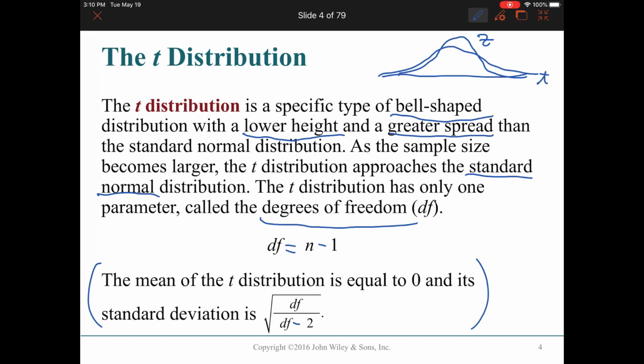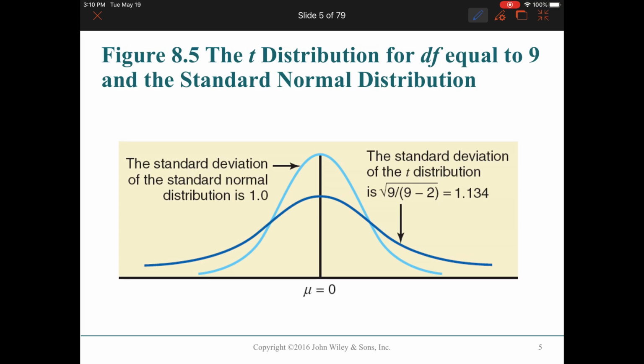The mean of the t-distribution, like the z-distribution, is equal to 0, but the standard deviation happens to equal the square root of df over df minus 2. We're not going to be using this. Don't worry about it. It's just sort of a side footnote. The book does talk a little bit about it. It's not uninteresting, it's just we don't have time to go into depth.